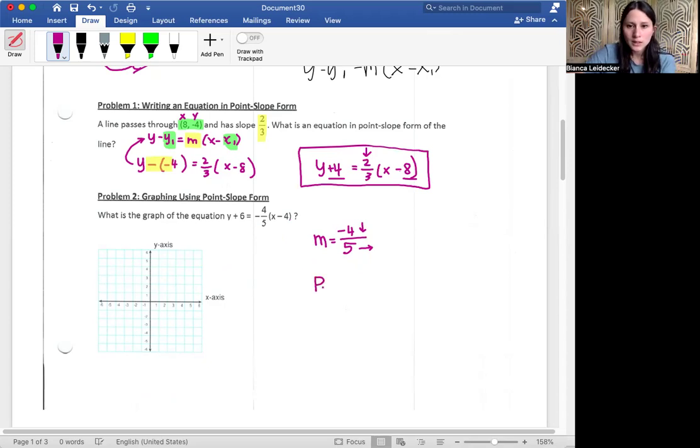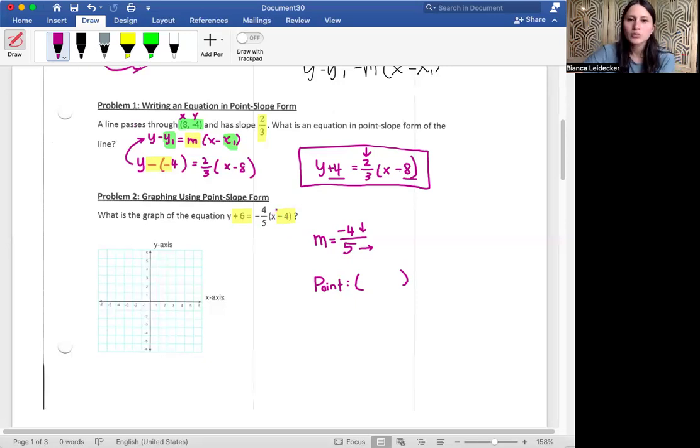Then what is our point? Our one point that we are going to identify is in the equation. It is 6 and -4, or -4. So let's rethink. Is this actually a +6 or a -6 in our ordered pair? And is this a +4 or a -4?